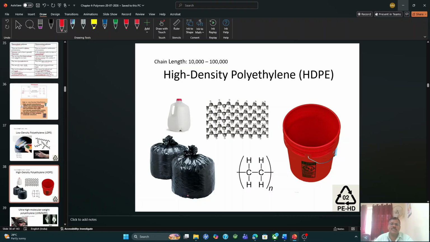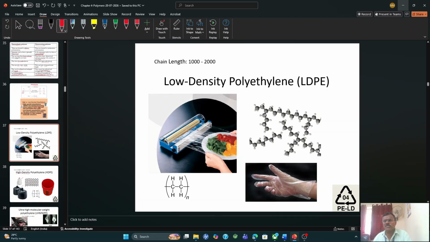High density polyethylene, remember, high density means it can withstand more weight. So thick cans, buckets, dustbins, and larger polythene bags are made of high density polyethylene. The polymer code is 02. So 02 is high density polyethylene, and 04 is low density polyethylene.